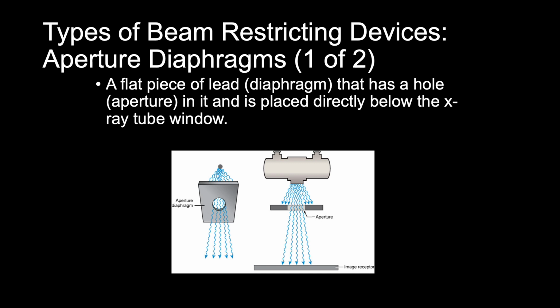Because of the aperture's proximity to the radiation source, which is the focal spot, a large area of unsharpness surrounds the radiographic image. Aperture diaphragms are still used in some applications, but their use is not as widespread as other, more common beam restricting devices.